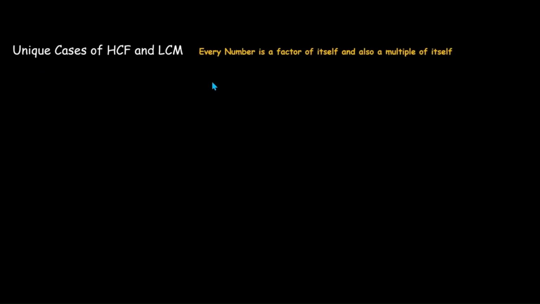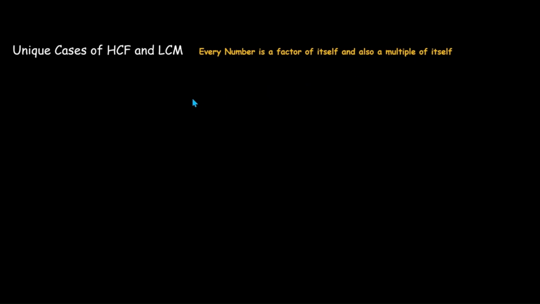But before that, let's keep in mind one important point about factors and multiples. Every number is a factor of itself, and every number is also a multiple of itself.